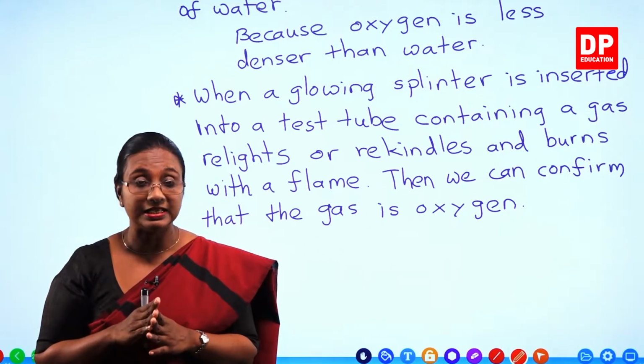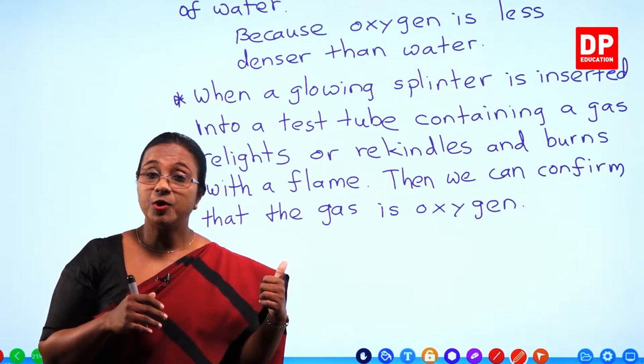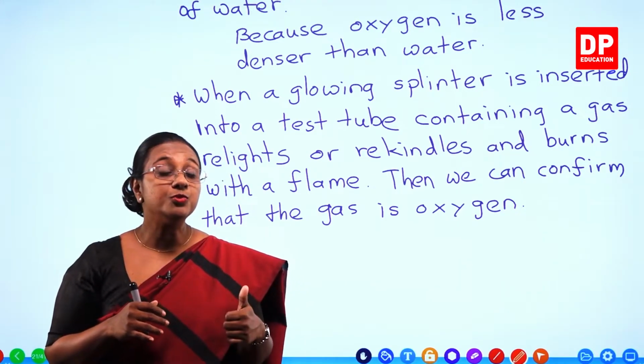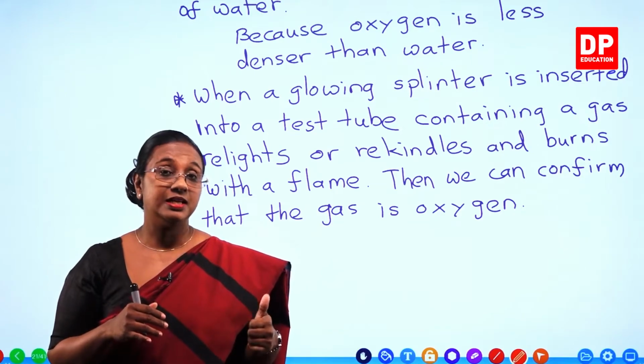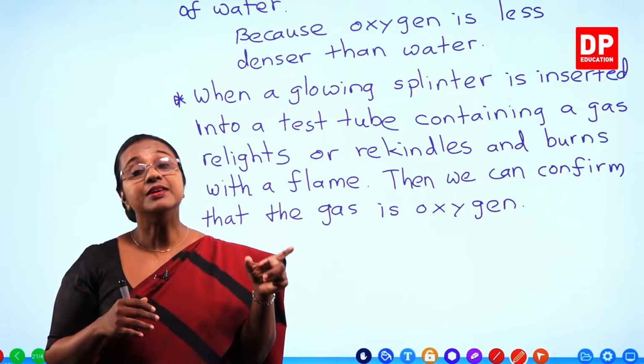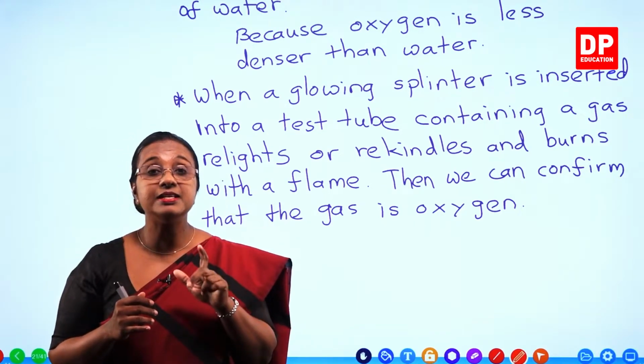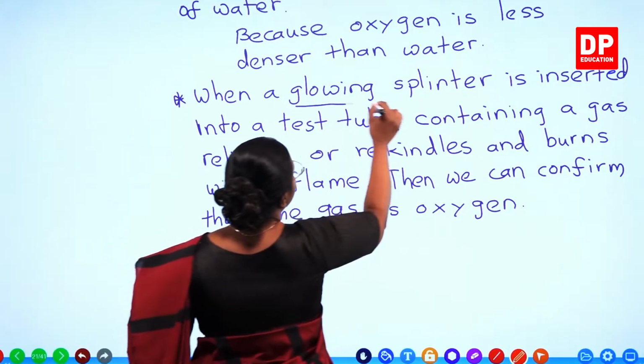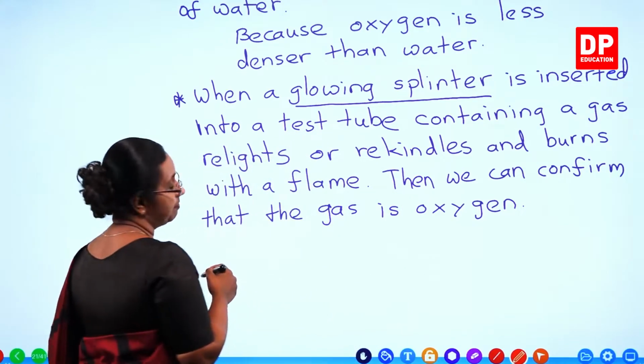that has been collected. So in the previous chapter also, when we wanted to confirm that it is hydrogen gas, we used a burning splinter. There was a flame in the dry eagle. So that is a burning splinter. But here we use a glowing splinter. That is important.